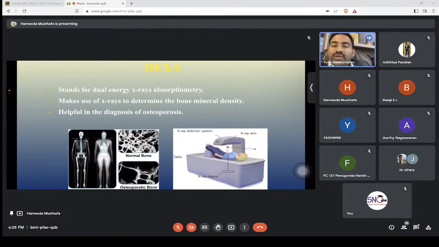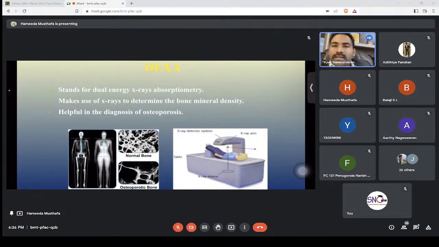It is helpful in the diagnosis of osteoporosis. So everyone should go in the morning sunlight to get enough vitamin D. That is very good for your bone density. So we take a DEXA scan to look for the density of your bone.